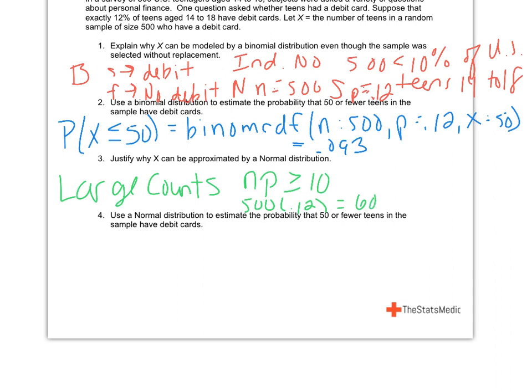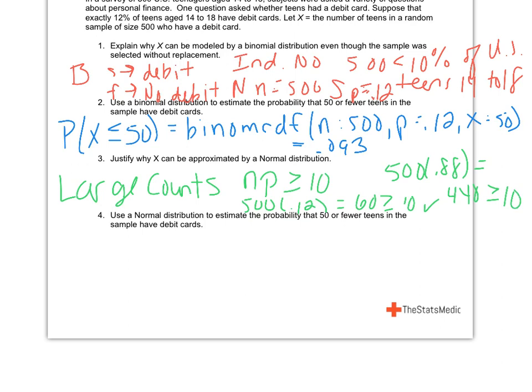So 60 is greater than or equal to 10. And then I also have to do N times 1 minus P, so 500 times 0.88, which is 440, which is definitely also greater than or equal to 10.